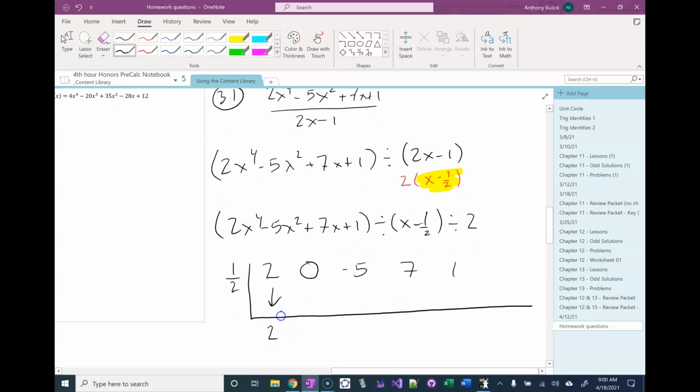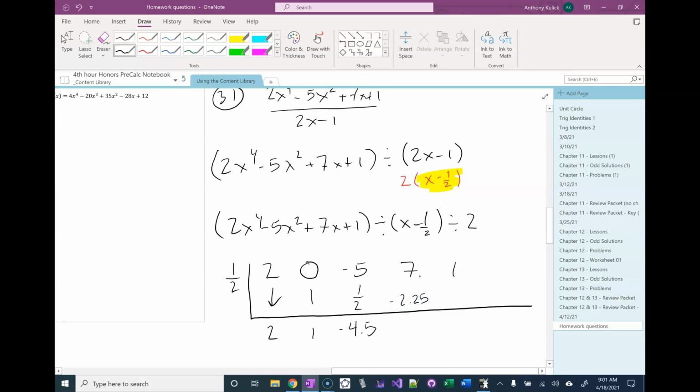And we start by bringing the first number down, multiply the number on the outside to the number on the bottom, write the answer in the next spot, add down, and then repeat. So 1 times 1/2 is 1/2. And then -5 plus 1/2 is -4.5. 1/2 times -4.5 is -2.25.